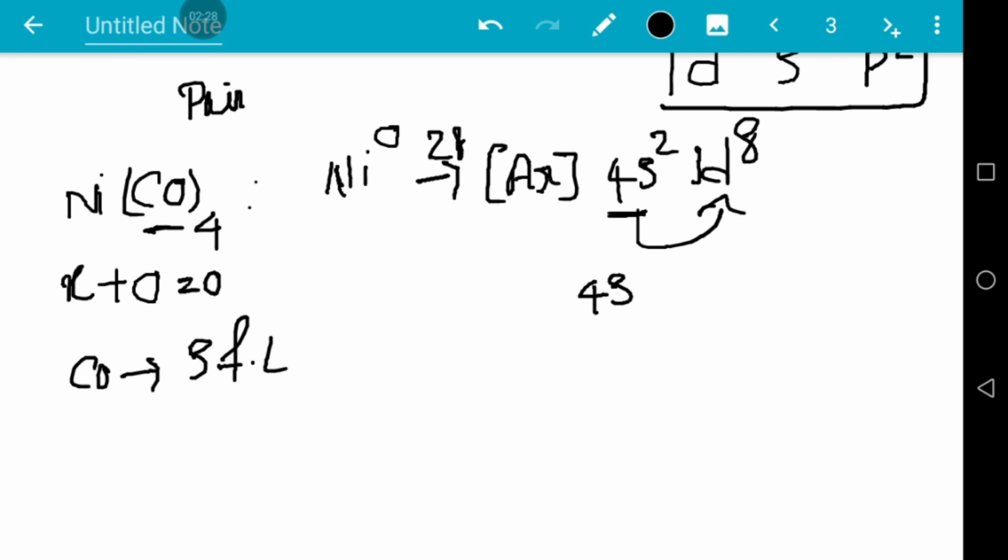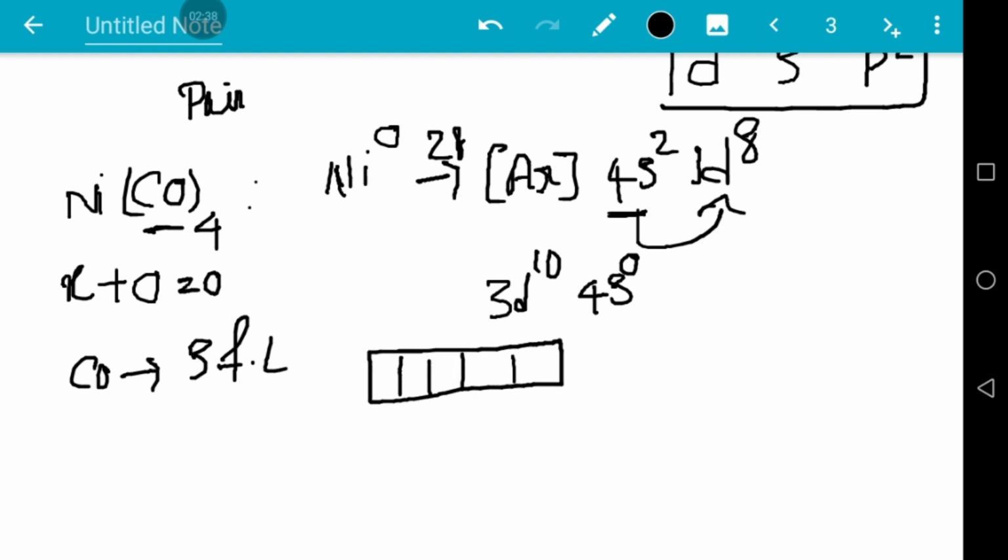Then it becomes 4s0 and 3d10. So 3d10 means totally 10 electrons are filled in the 5 d orbitals: 1, 2, 3, 4, 5, 6, 7, 8, 9, 10.